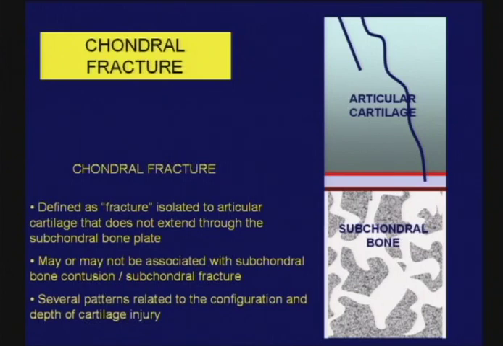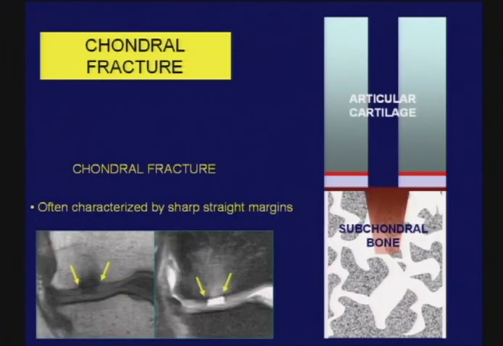It may or may not be associated with something going on in the subchondral bone, a contusion or a fracture, but the chondral fracture itself is isolated to articular cartilage. Several patterns occur, depending upon the depth of the cartilage injury.